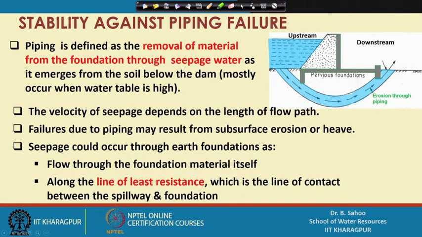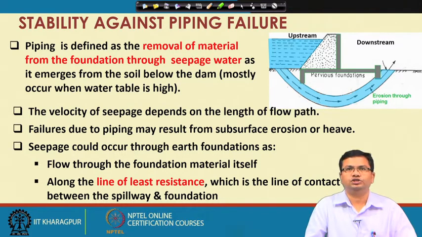Now, next is stability against piping failure. You can see from this figure that piping is defined as the removal of material from the foundation through seepage water as it emerges from the soil below the dam, and this mostly occurs when the water table is high.